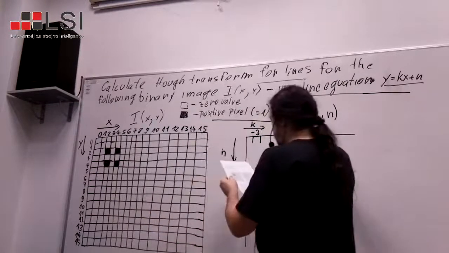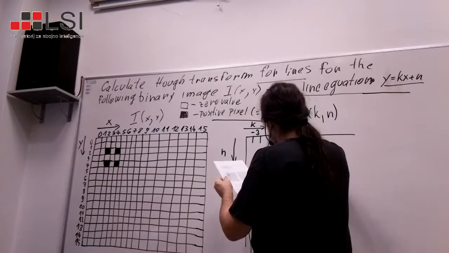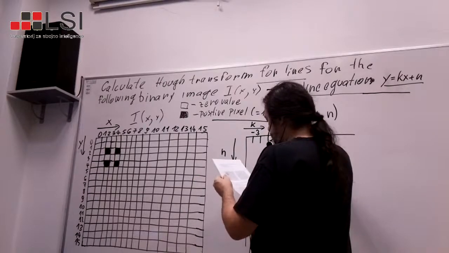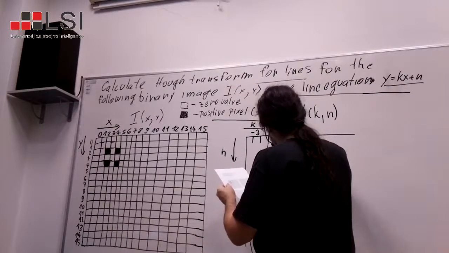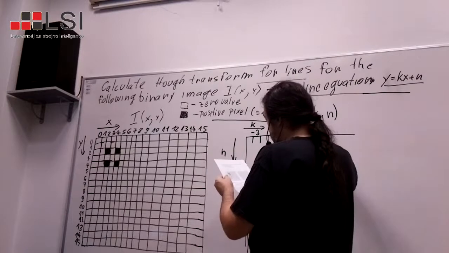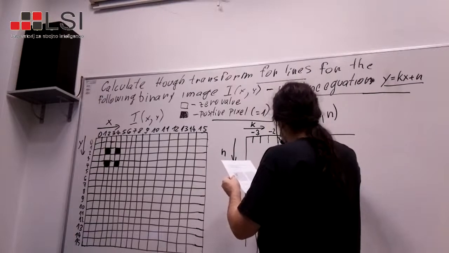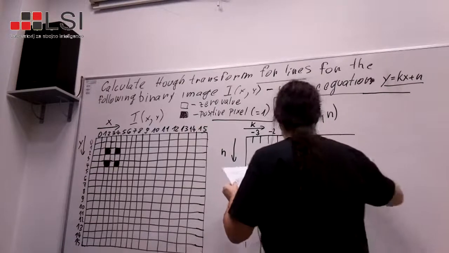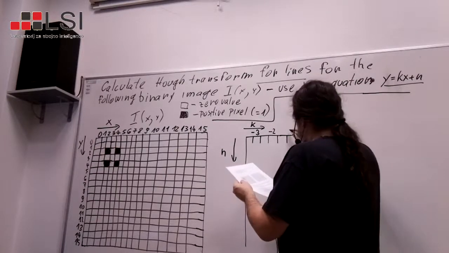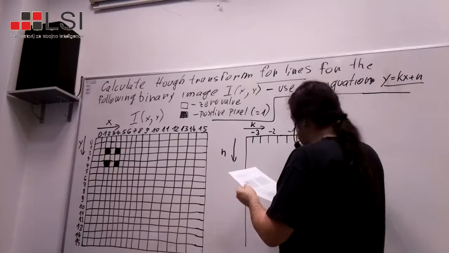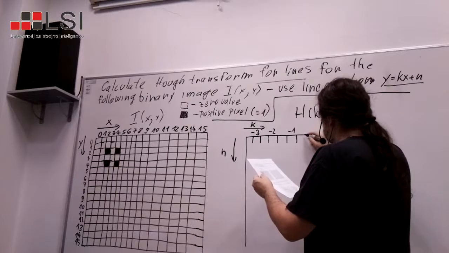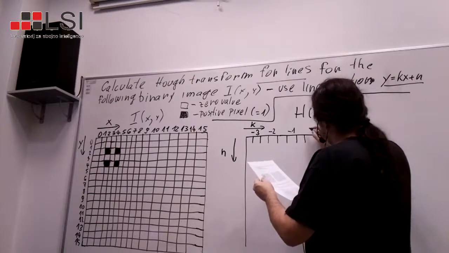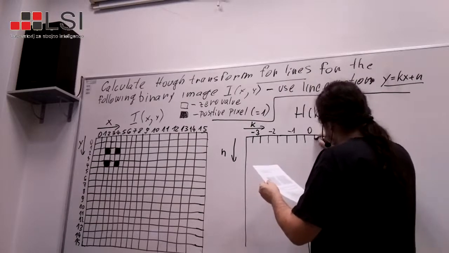-3, and then another section. 1, 2, 3. The fourth one will be -2. And then we have one empty, and will be -1, and then another empty row. Sorry, -1, and then this is 0 here.